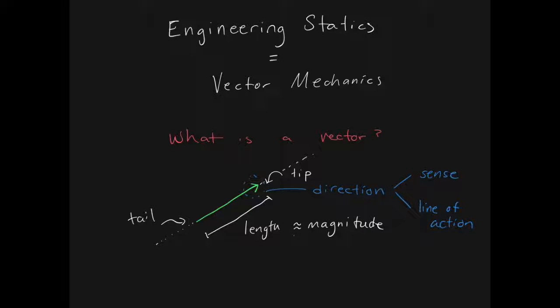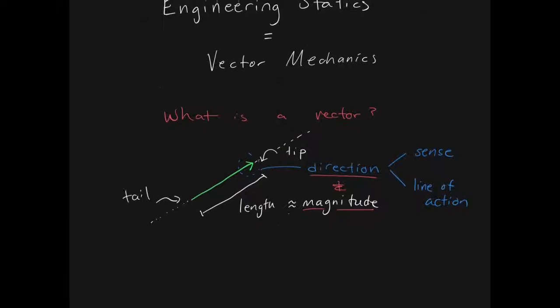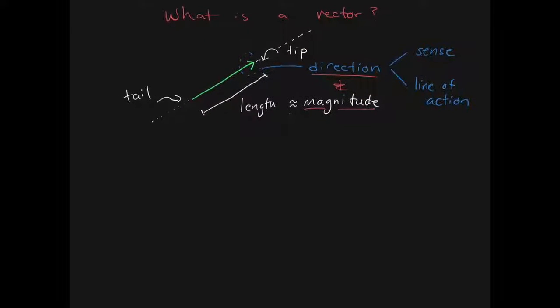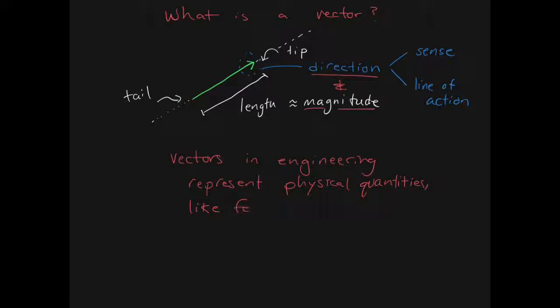So our vectors have both magnitude and direction. That's the key to representing a vector. But a vector is a mathematical quantity, so in engineering, the question is, why do I care? Why is that useful? Vectors in engineering represent a physical quantity, like forces.